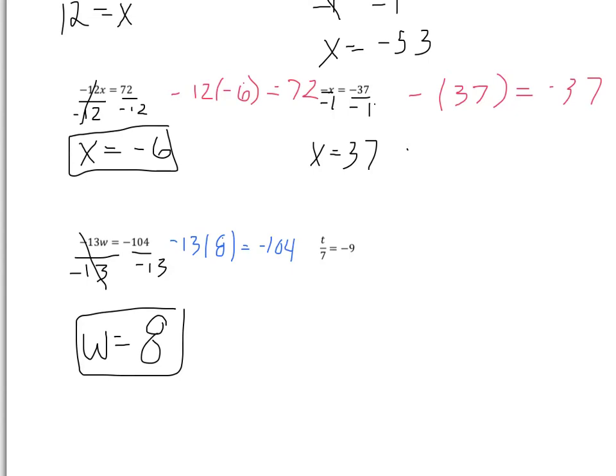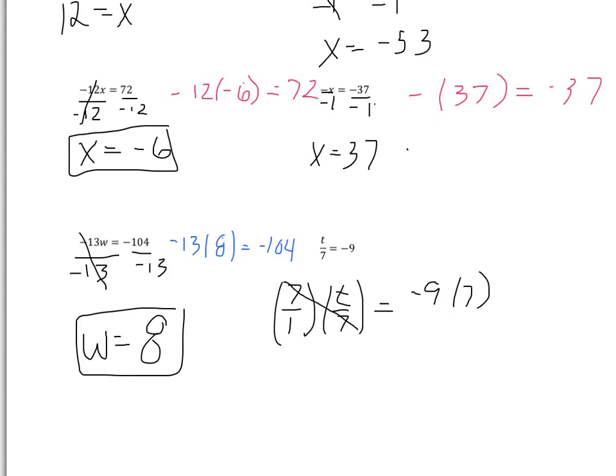So in this next one here, if we have t divided by 7, or t over 7, we want to get rid of this division by 7. How we undo division is with multiplication, just like how we undo multiplication with division. So here, we want to multiply both sides by 7. And 7 is really 7 over 1. So multiply by 7 over 1. This is t over 7 equals negative 9 times 7.